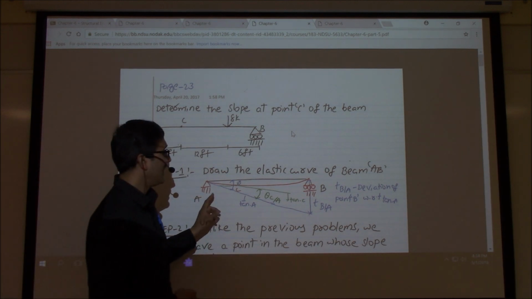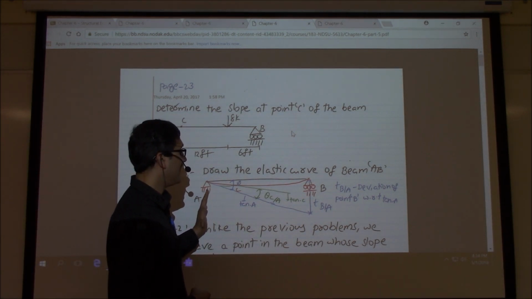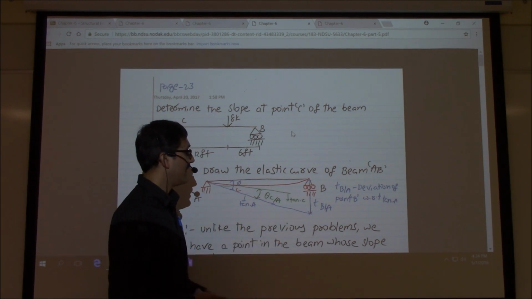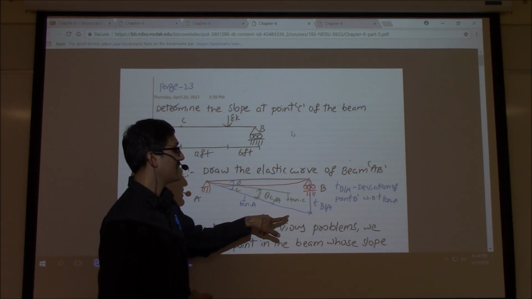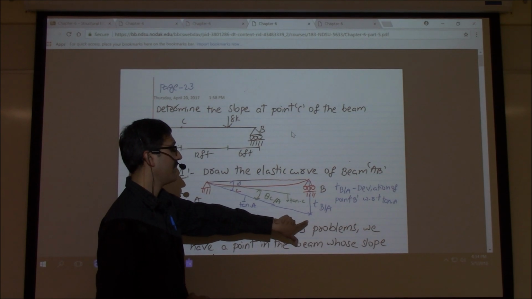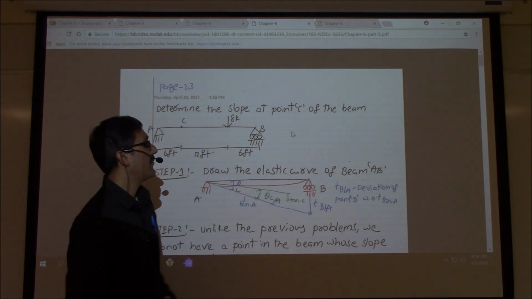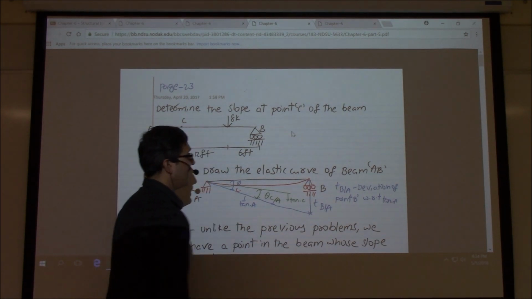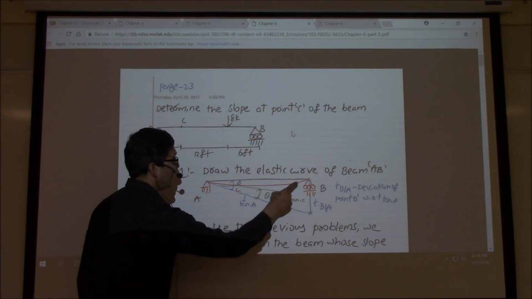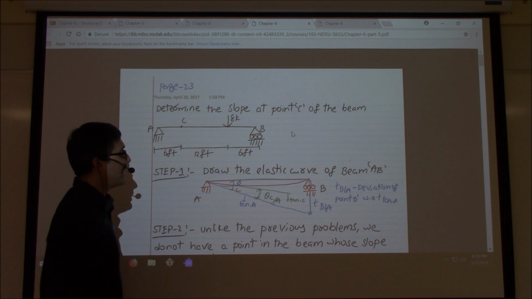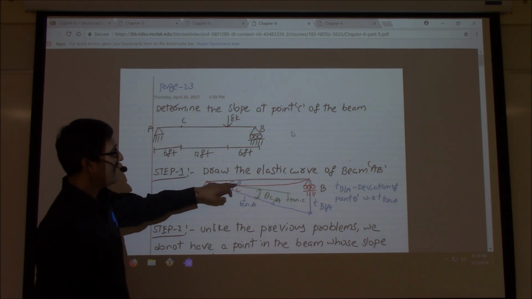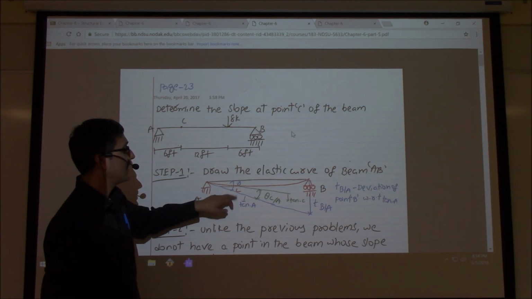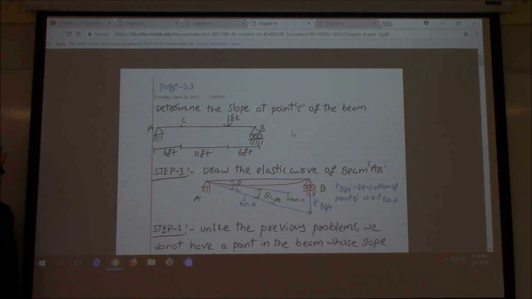You can simply evaluate the M by EI diagram area between these 2 points and multiply it with the distance of the centroid of this M by EI diagram to the point B. So once you know TB by A, you can simply divide it by the span of the beam to get this phi, or the inclination of this tangent that is drawn through point A.